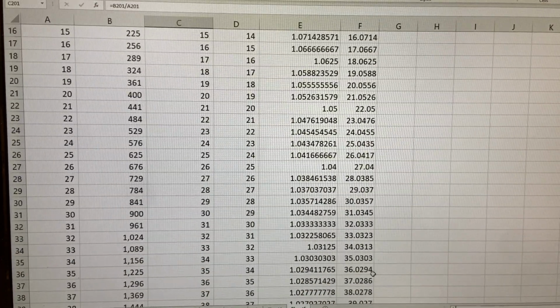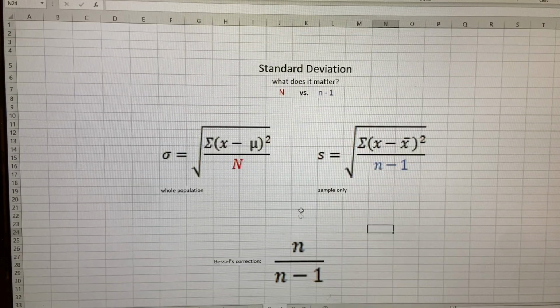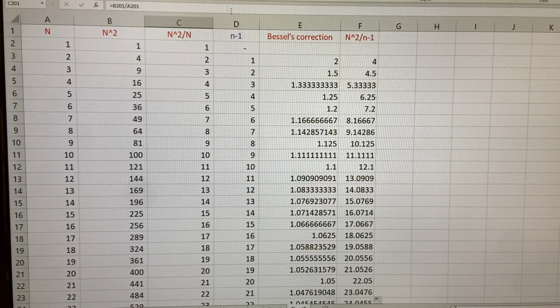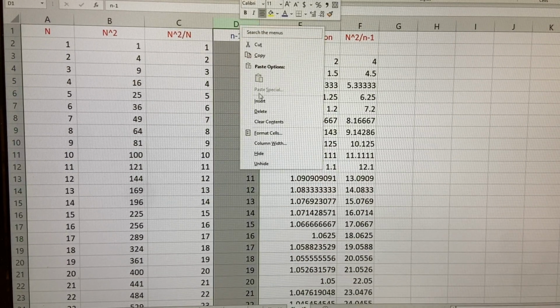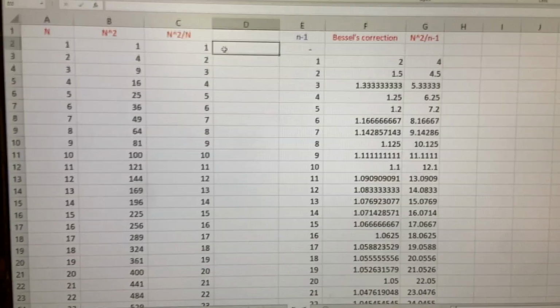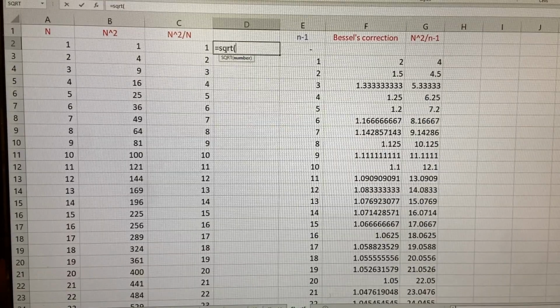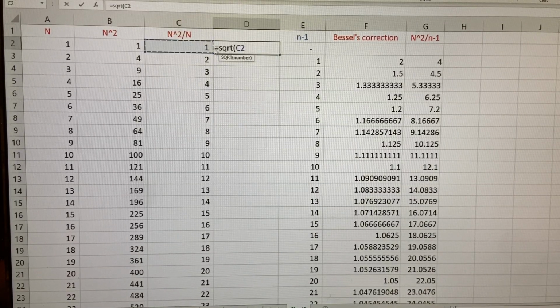Now I want to point out one more thing, that this is a factor, but we need to take a square root of this factor, so we're not done. So Bessel's correction is a factor in a fractional format, but it's gonna change one last time. So I'm gonna put a column here. So let's take the square root, SQRT bracket of this number here.